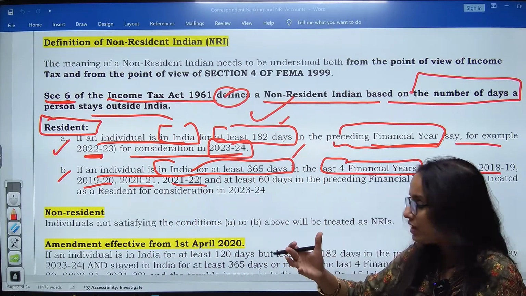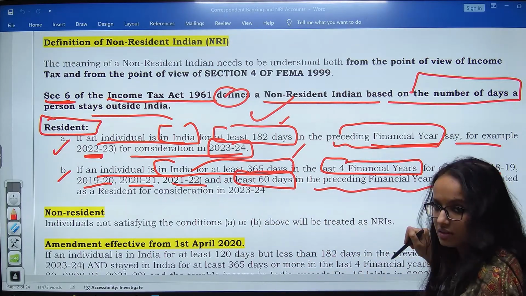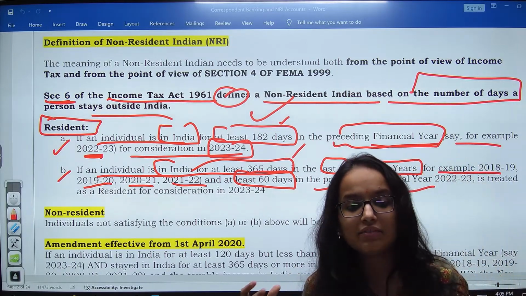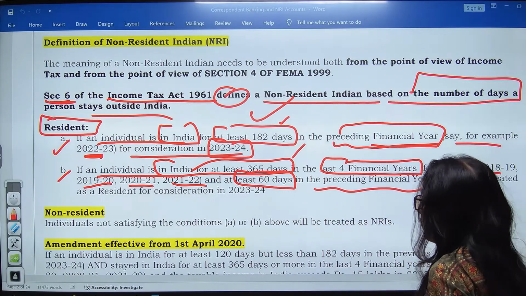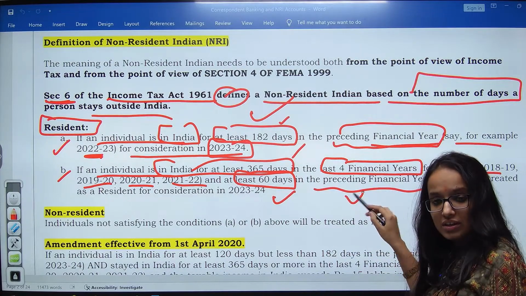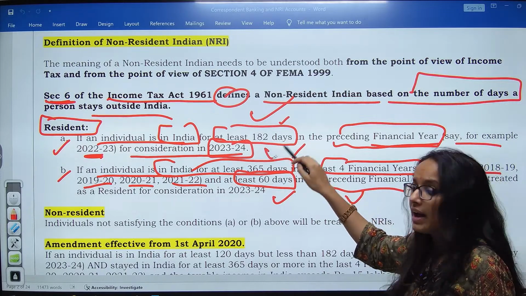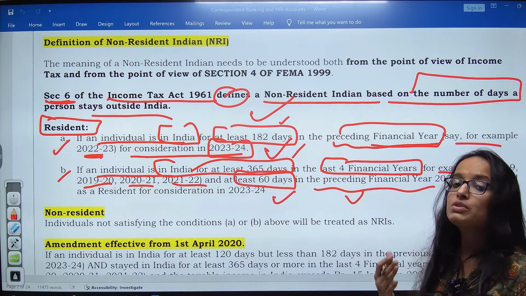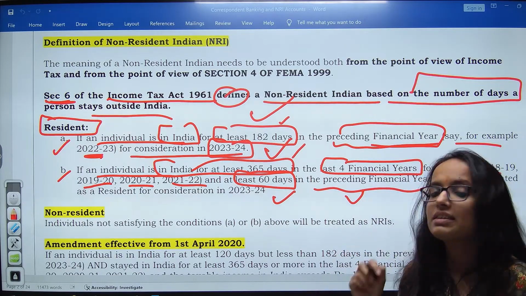So last 4 financial years, and at least 60 days in the preceding financial year. If you are calculating for 2023-24, the preceding financial year will be 22-23. So you should be living in India for at least 60 days in the preceding financial year, right? And for at least 365 days in the past 4 financial years. So this is the second criteria, okay.